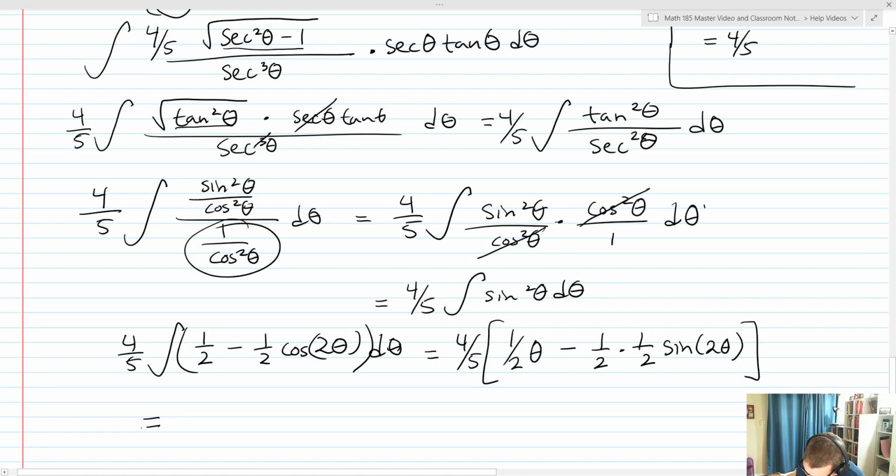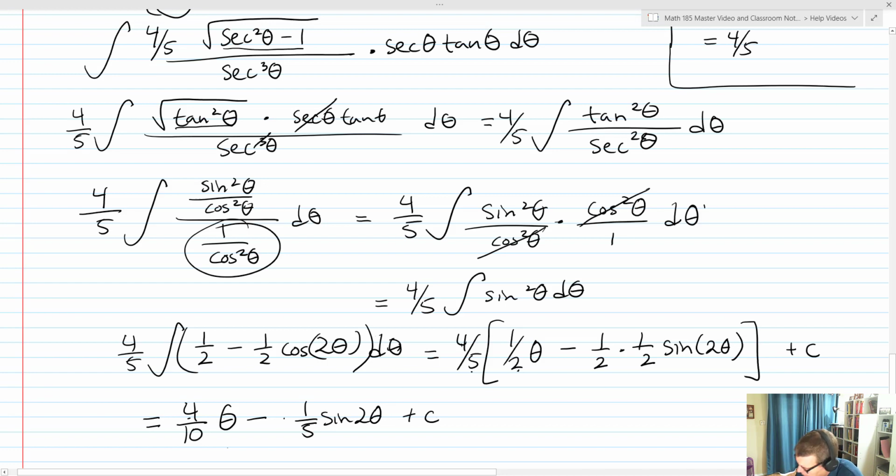This ends up equaling 1/2 theta minus 1/4 sine, or excuse me, 1/4 times 4/5, so that's 1/5. So this is 4/10 theta, because it's 4/5 times 1/2. 4/10 theta minus 1/5 sine 2 theta plus some kind of c.